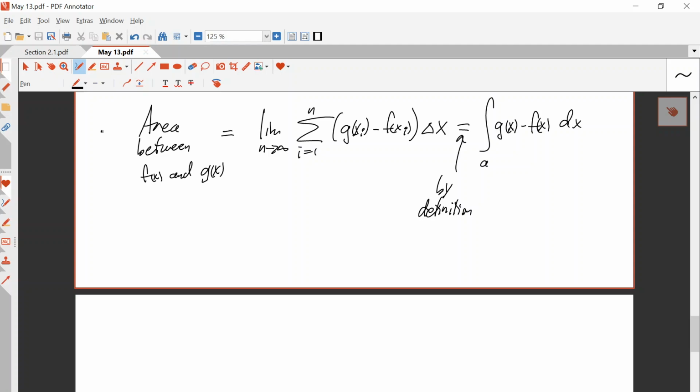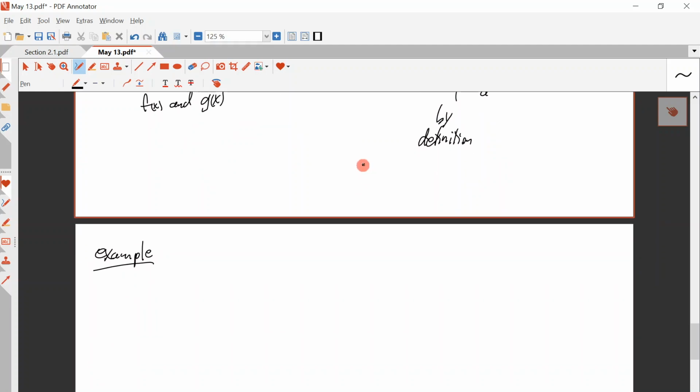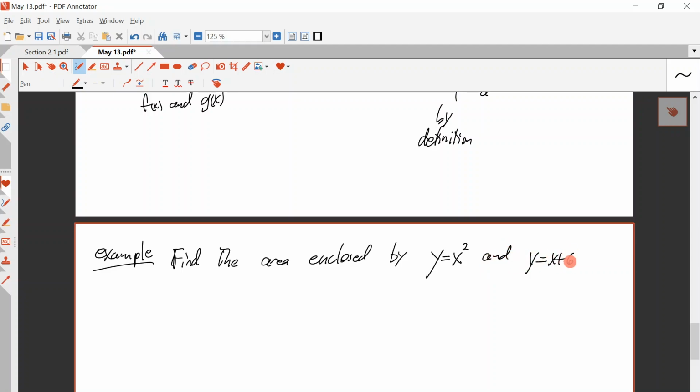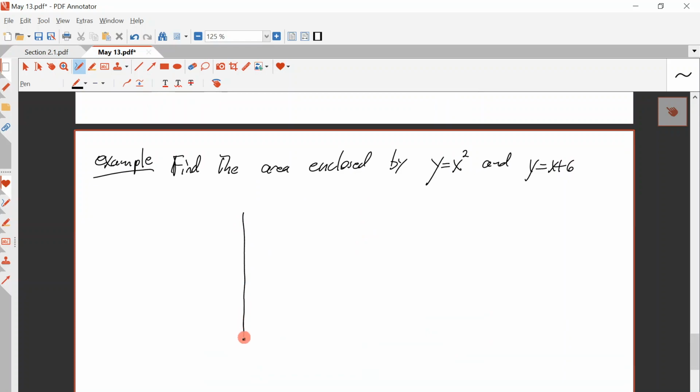All right, so that's the theoretical talk right there. Now we just go through a bunch of examples. So, find the area enclosed by the parabola y equals x squared and the line y equals x plus 6.